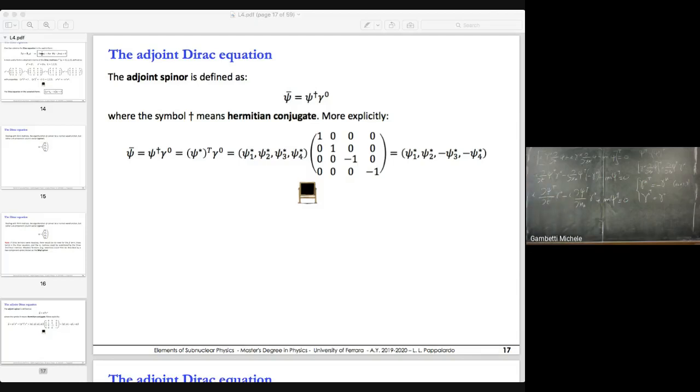Now, this equation is still not completely Lorentz invariant, because the time derivative and the spatial derivative come with a different sign. It is a plus sign, it is a minus sign. So we have to make another change here.